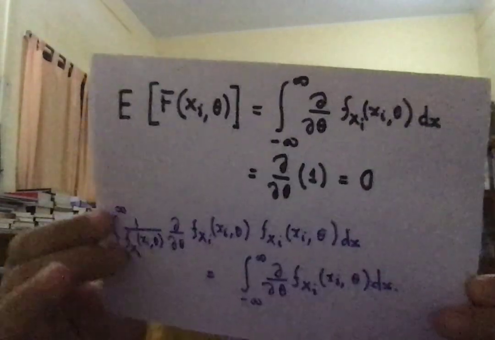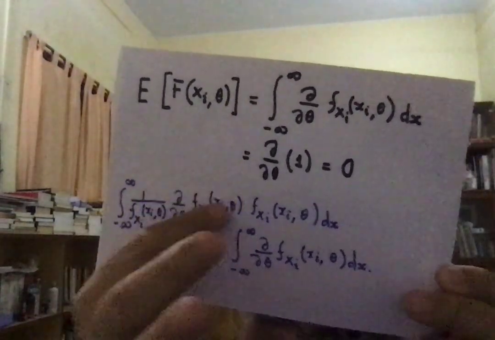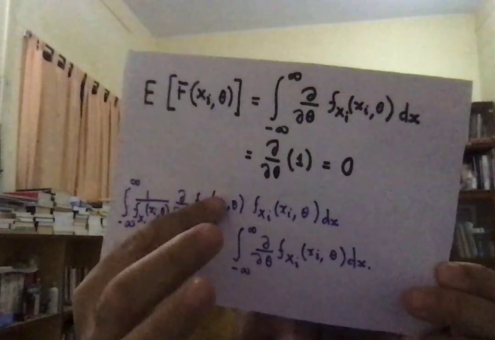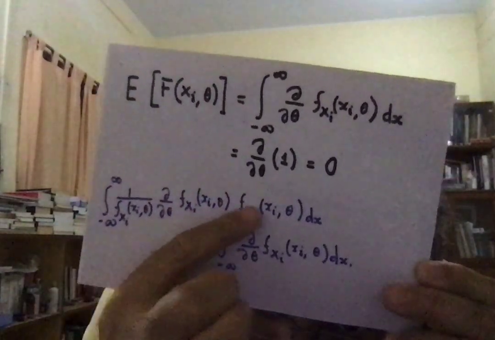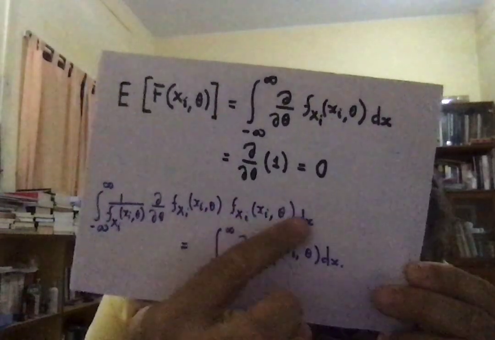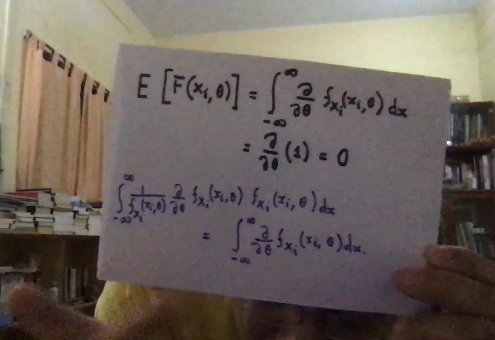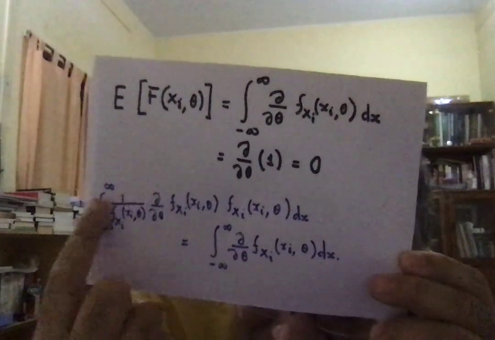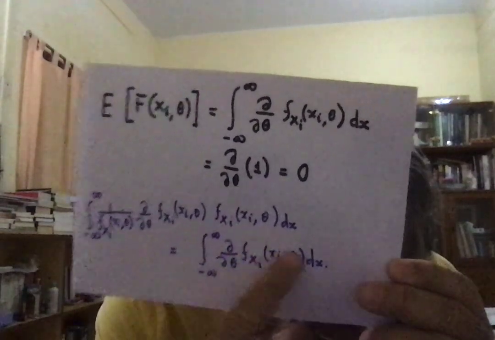How? Because here, if for example you write this part, this is the F of xi, theta, and this is the PDF times dx over the range, which could be minus infinity to plus infinity. So this f(xi, theta) and this f(xi, theta) cancel, and it becomes del theta of this.